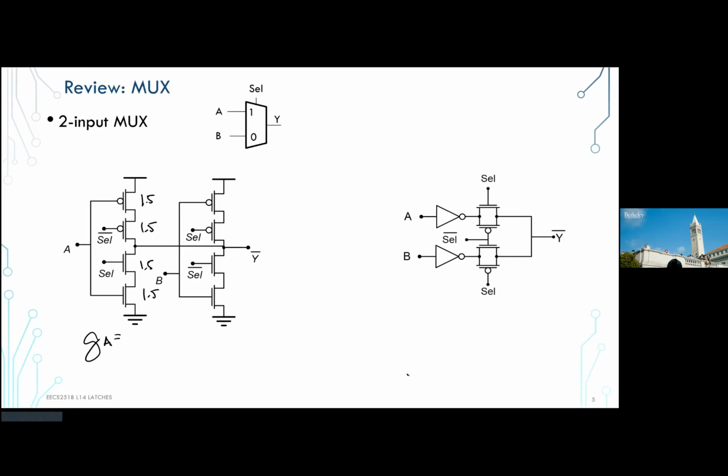And if I add the second stage here with the input B, this is the cell bar, and this would be, what is the logical effort of the input cell?